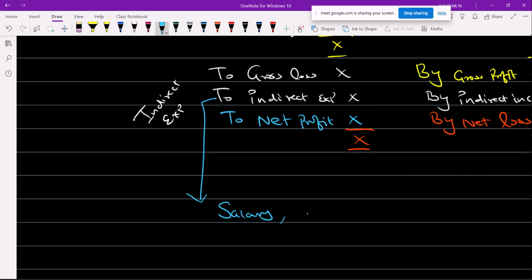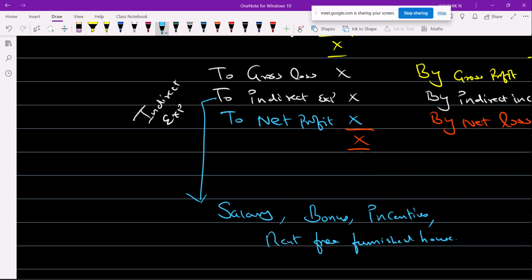Next, you can pay something called incentives or bonus, or you can provide other benefits in the way of a rent free furnished house.